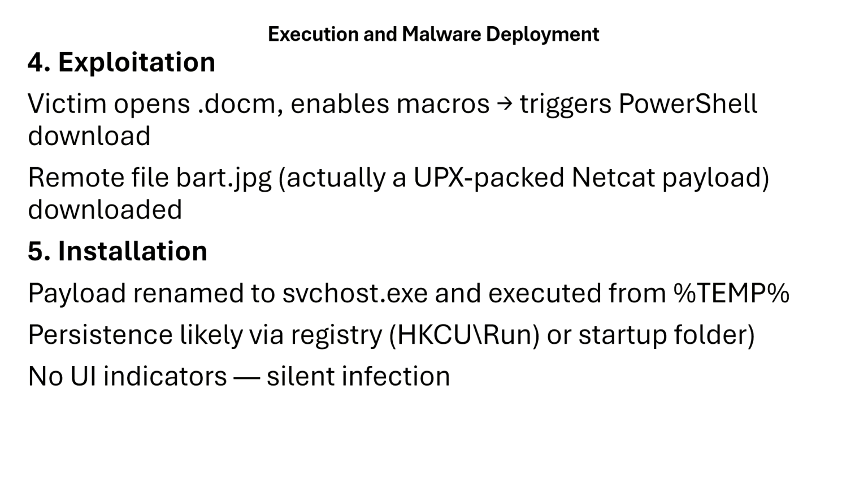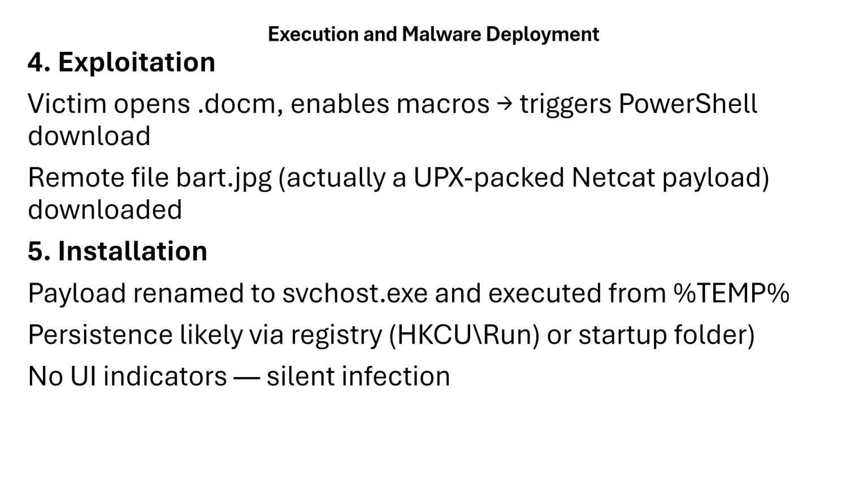The next steps, exploitation and installation, show how the malware was installed and how it affected the computer. In exploitation, once the victim opened the docm file and enabled the macros, the malware executed automatically, and PowerShell was used to download a second stage file, bart.jpg, which was disguised as an image but was actually an executable file.